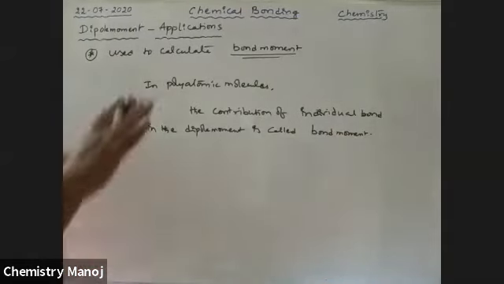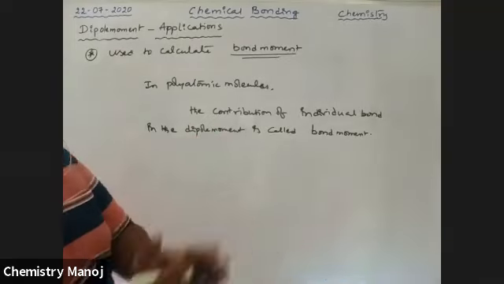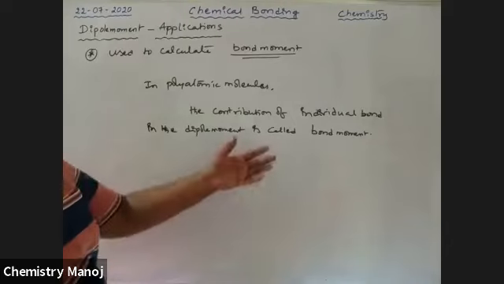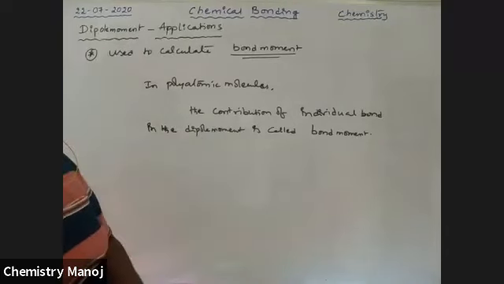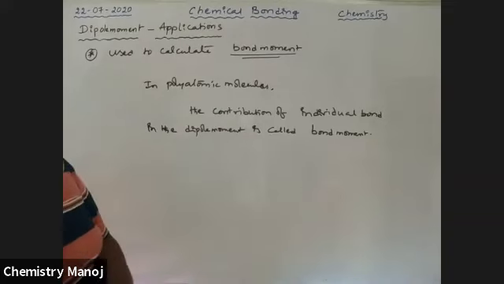So in the entire dipole moment calculation, from one bond, how much is its contribution to the dipole moment? It is the contribution of a single bond in a polyatomic molecule to the dipole moment that is called bond moment.